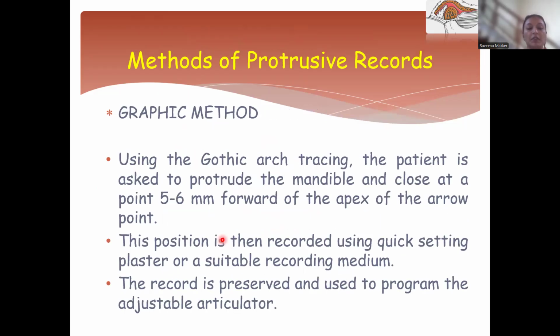Next is the graphic method. Using the Gothic arch tracing, the patient is asked to protrude the mandible and close at a point 5 to 6 mm forward of the apex of the arrow point. This position is then recorded using quick-setting plaster or a suitable recording medium. The record is preserved and used to program the adjustable articulator.